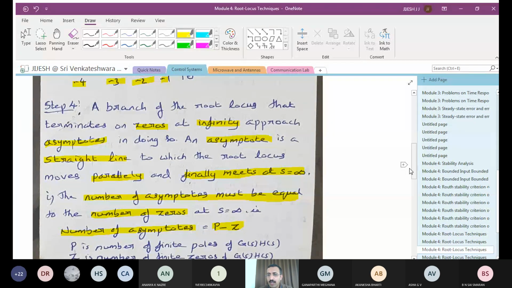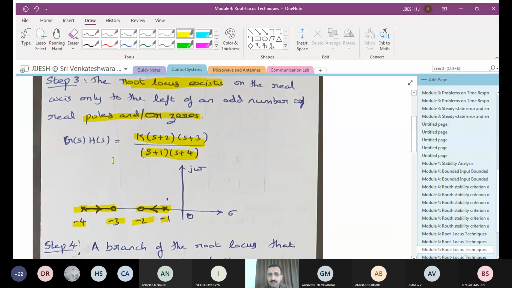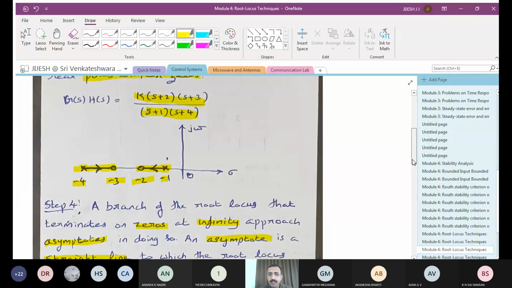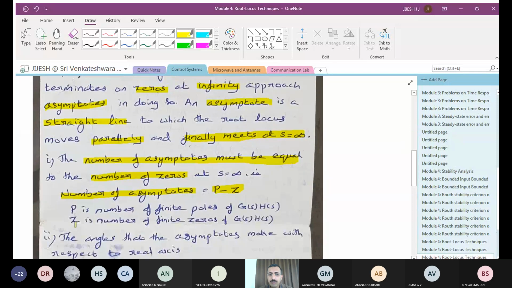If you take this transfer function, the number of poles is 2 and the number of zeros is also 2. So the number of asymptotes is 2 minus 2, which is 0. So there is no need for any asymptotes for that kind of example.